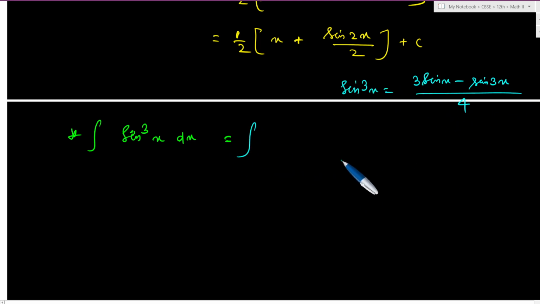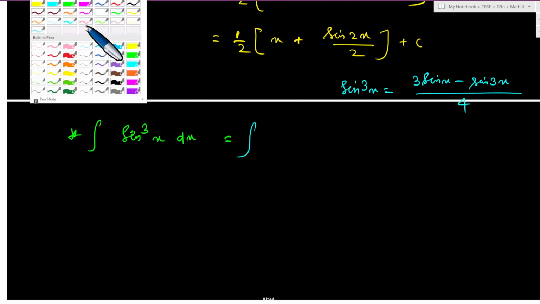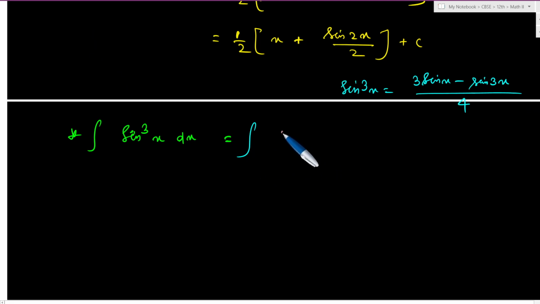Integration of (3 sin x minus sin 3x divided by 4) dx.